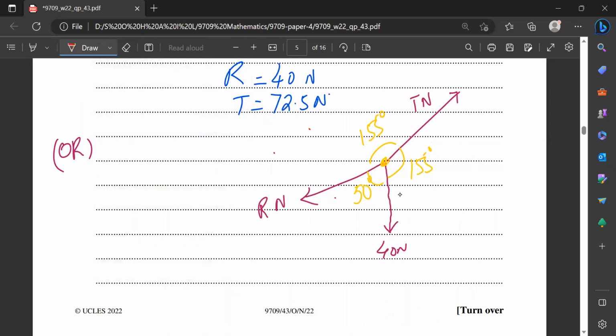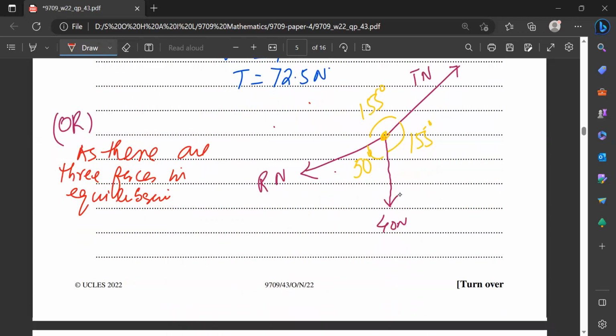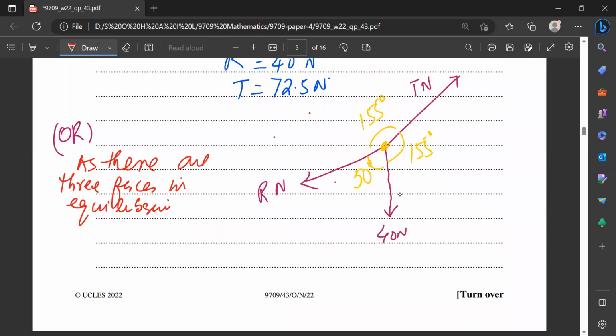So it's very simple. We find angles in both the cases, but as there are three forces in equilibrium, you can apply Lamé's theorem. Lamé's theorem is: R over sine of the angle between the other two forces.